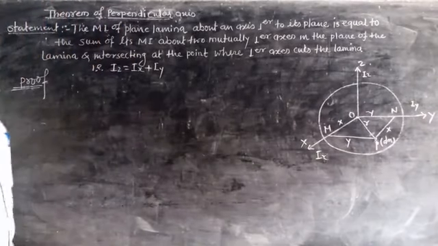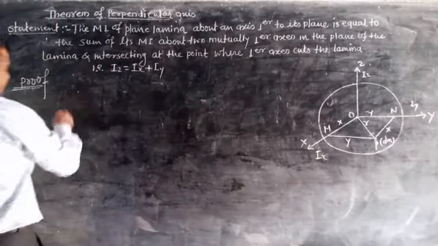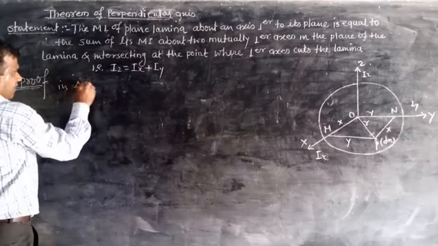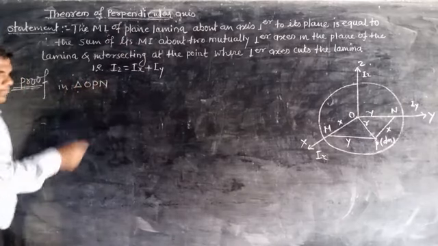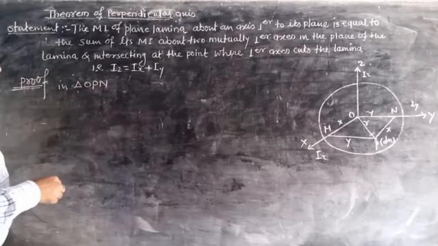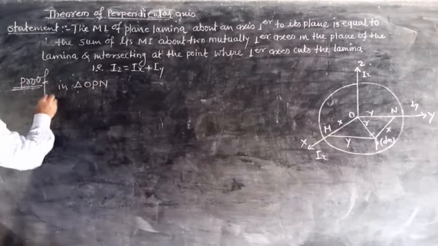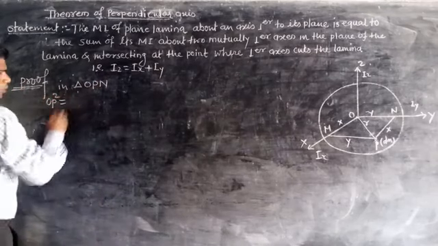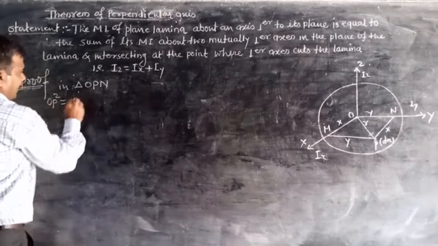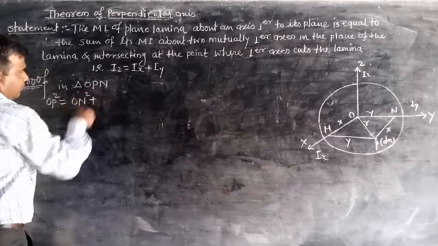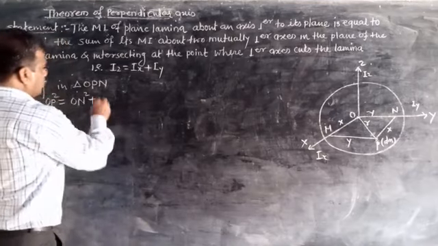So from the figure, in triangle OPN, the angle at N is 90 degrees. Therefore OP square is equal to ON square plus PN square.